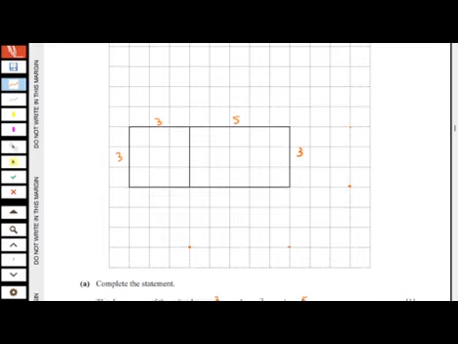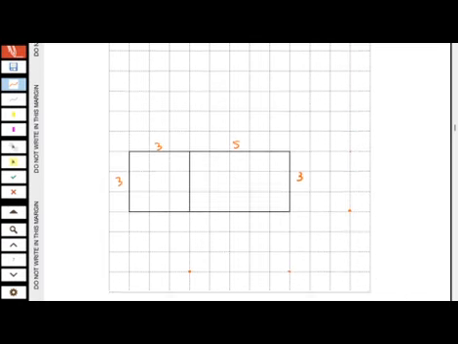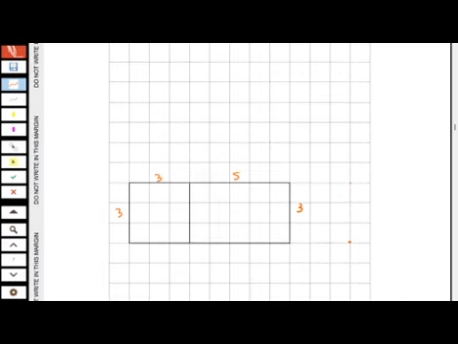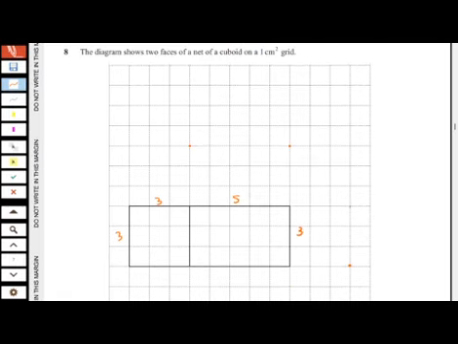Same as this is the front side and this is the back side. The back side would also be 1 2 3 and 1 2 3 4 5. Okay, and the upward side is also 3 by 5.